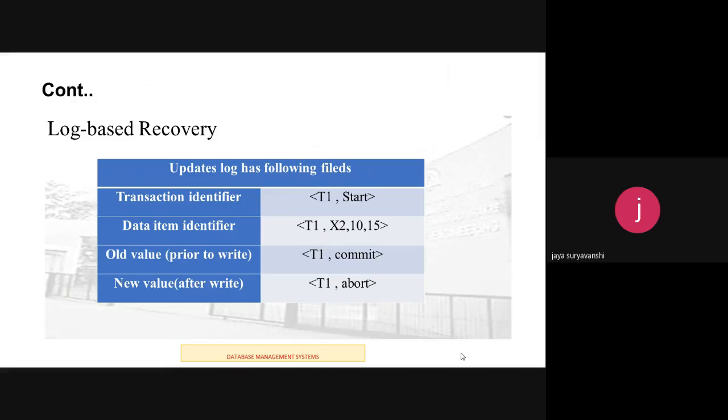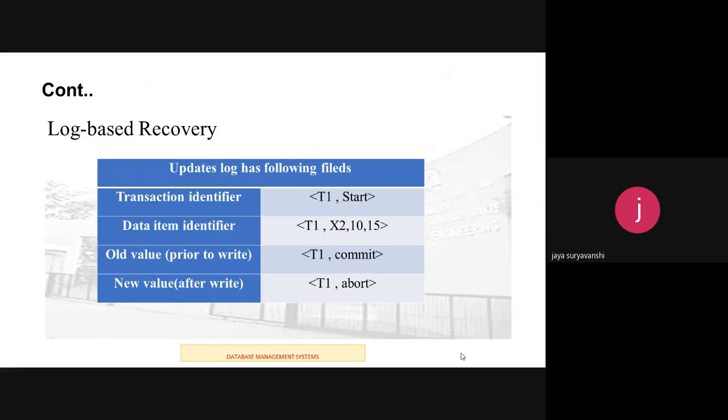So it is necessary to store the log in storage where the data will not be lost for any reason. The log records are stored on stable storage. If any failure occurs in the system, the system can recover with the help of the log, and this type of recovery is called log-based recovery.